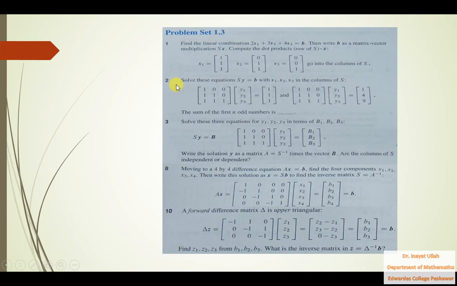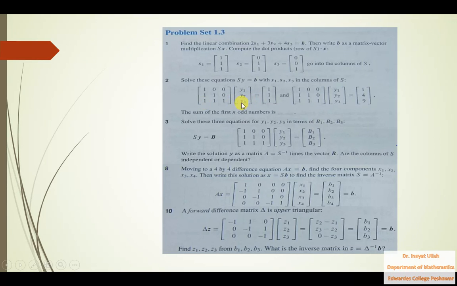Question number 2: solve the system with s1, s2, s3 in the columns of S. This is s1, this is s2, this is s3, and instead of x's there are y's, y1, y2, y3, and this is vector b. We need to solve this equation.